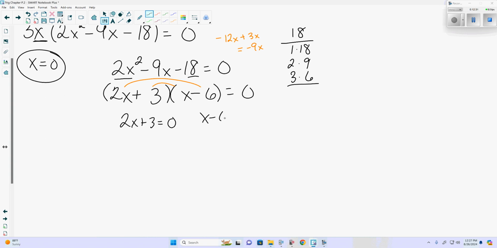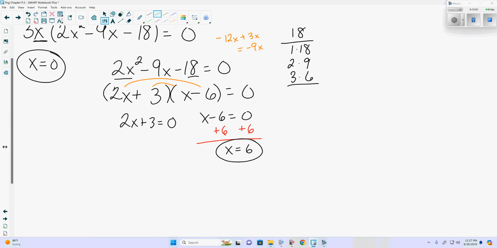And whenever we have two or more things multiplied together to equal 0, one of them must be 0. X minus 6. So x is equal to 6, which we knew already, yes? Well, the reverse of that is just saying that if x is 6, one of the factors has to be x minus 6.